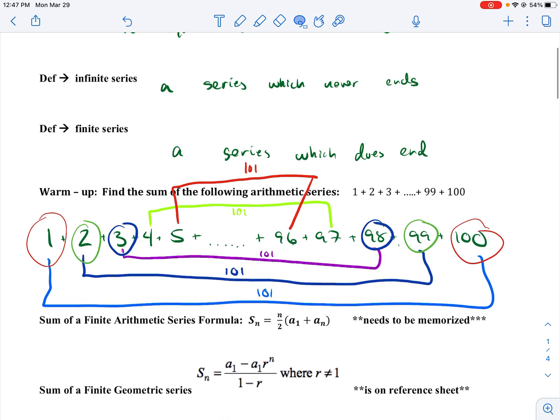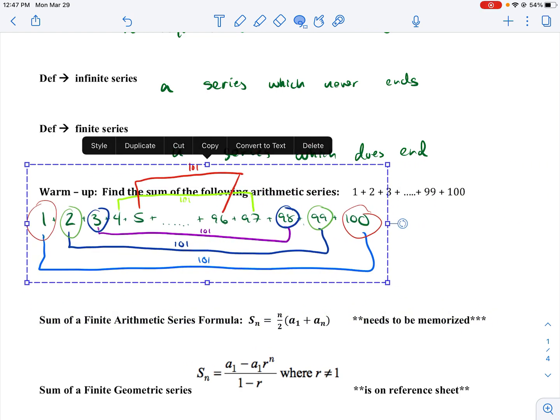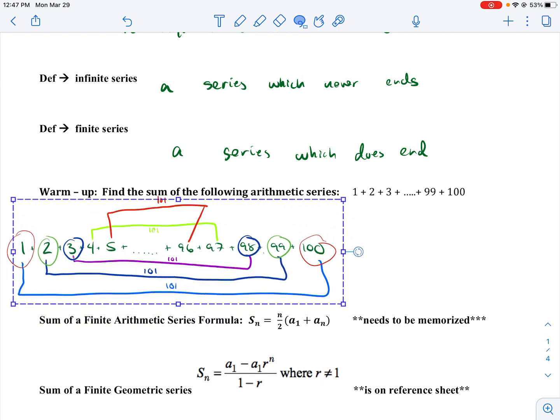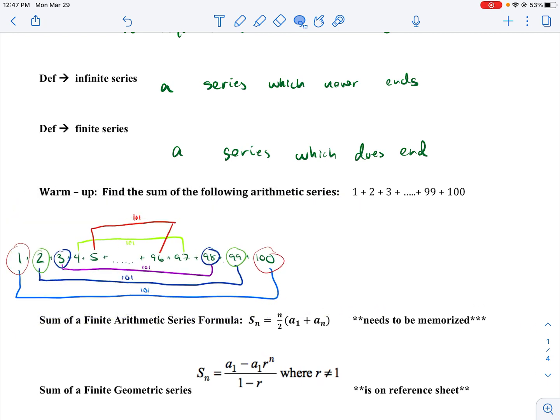Well, we actually end up doing that 50 different times. Okay? And so how many times are we coming up with 101? 50, right? So if we were to add all those up, 101, 50 times, you would get 5,050.